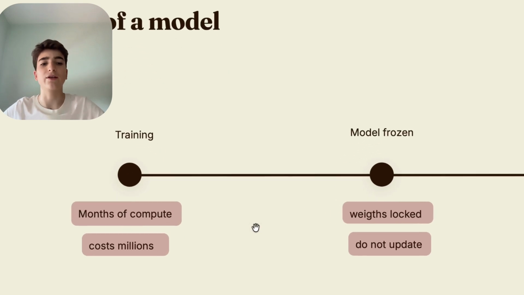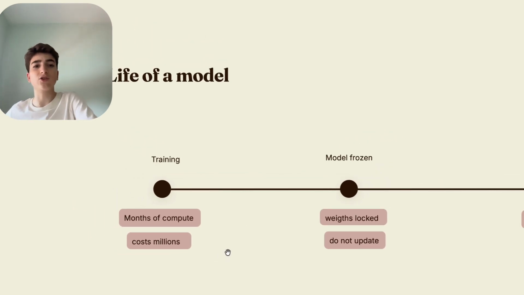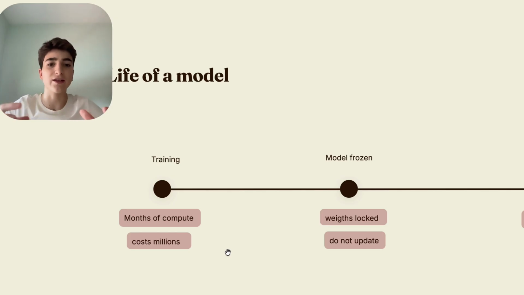When it's frozen, it doesn't have the training that it had in the training phase. In this model frozen phase, its weights are locked. They don't put more data into training, and it doesn't update. It just froze, like the name, model frozen. It just froze right there.